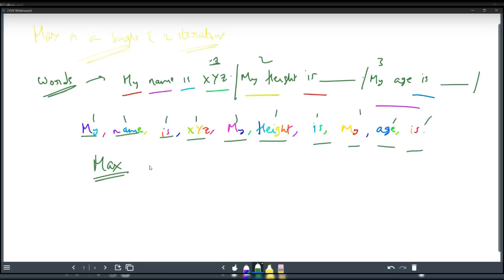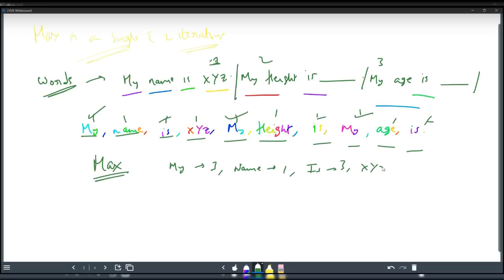So we need to add up the counts. Now we need to find the words which are repeated, which occur very frequently. Here my has been repeated 1 time, 2, 3. Did name repeat any other time? No, name repeated only 1 time. My holds a value 3. Name 1 time. What about is? 1, 2, 3.